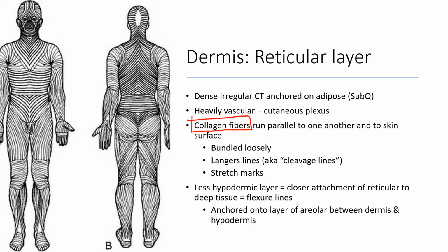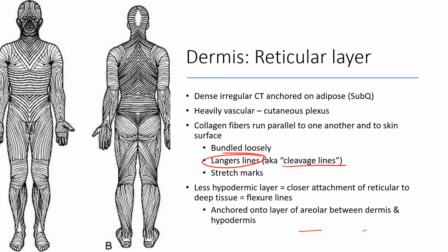And these do run in all kinds of different directions individually, but when you zoom out and take sort of a whole body view, you'll notice that they kind of arrange themselves into parallel rows around the body. These rows, when they're adjacent to one another, are bundled fairly loosely, so it does take on a fairly discrete striped appearance. And these are known as Langer's lines, also known as cleavage lines.